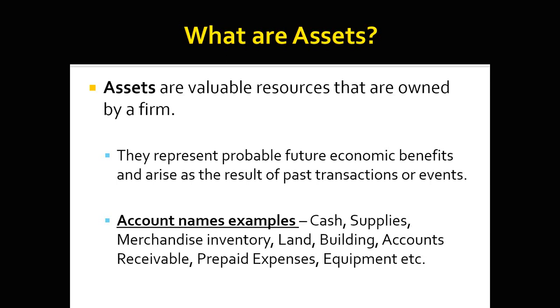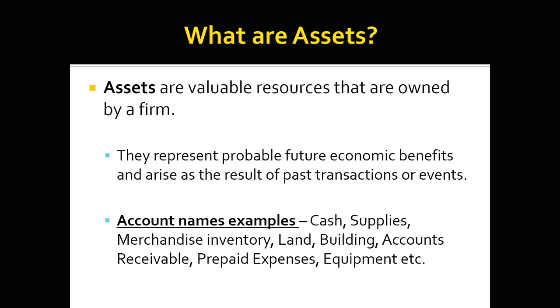The account name examples that will go under assets are cash, supplies, merchandise inventory, land, buildings, accounts receivable, prepaid expenses, equipment. I don't want to bombard you too much this week. Of course, there are more, but I want to start out slowly. So please take notes on what those particular account names that would appear under assets.